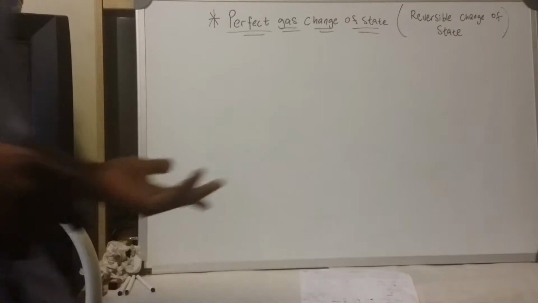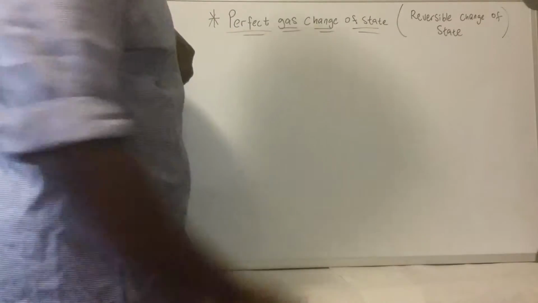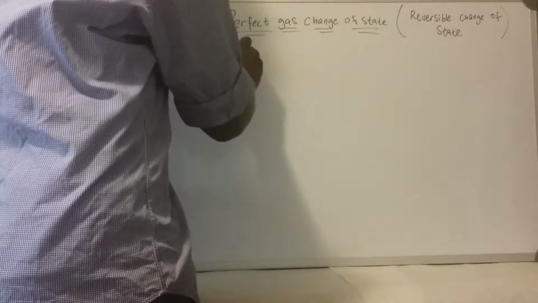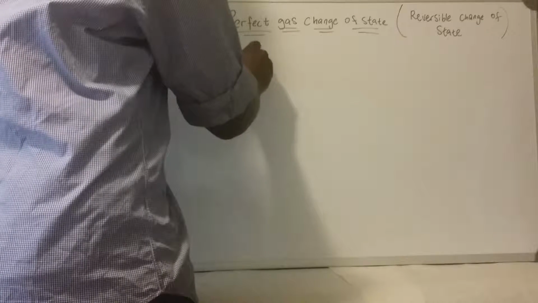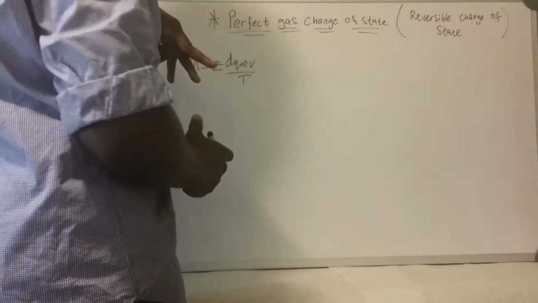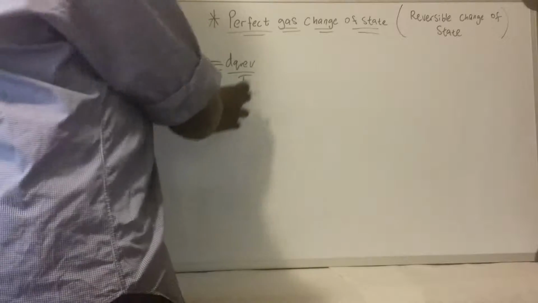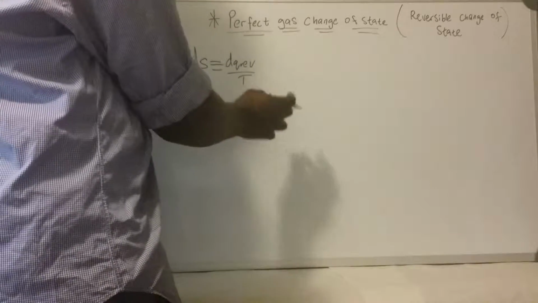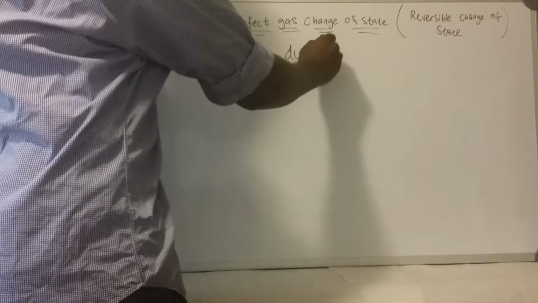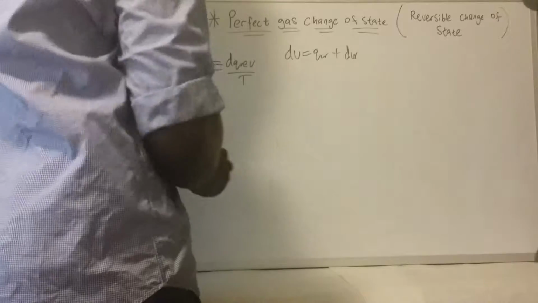So for a perfect gas change of state, we have dS equals dq reversible over T. Now to find delta S, the change in S, we have to integrate this formula. Now we know that dU is equal to dq plus dw, right?